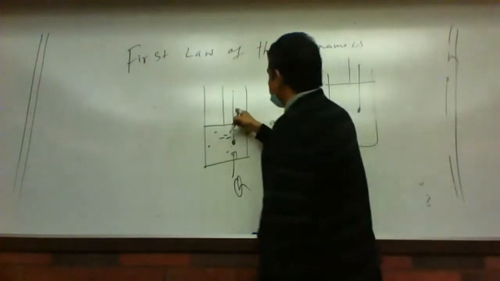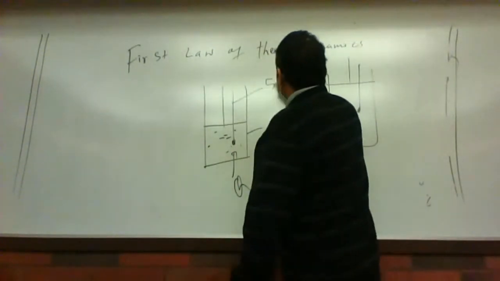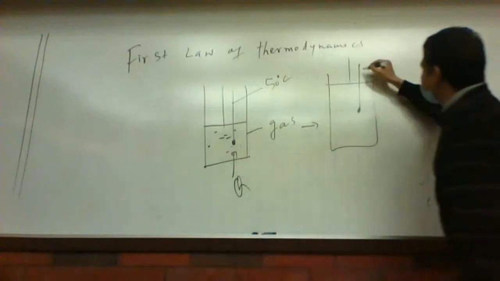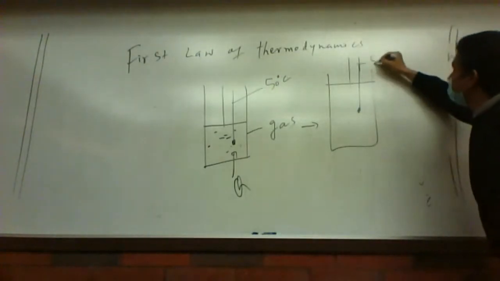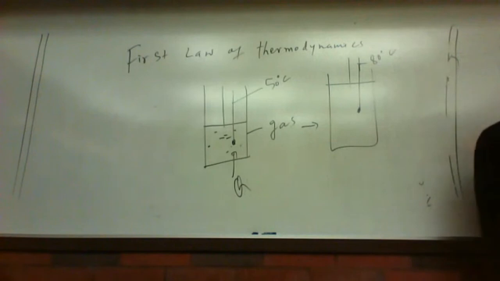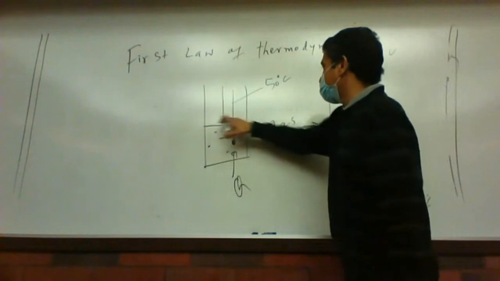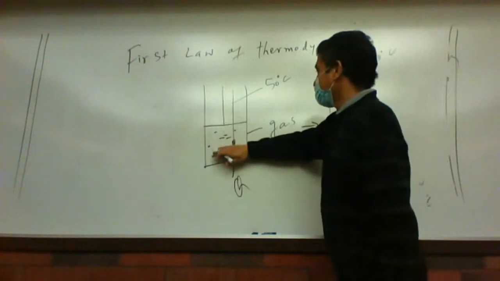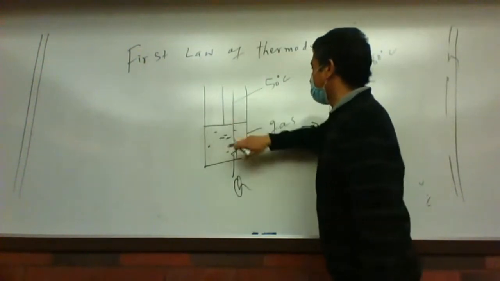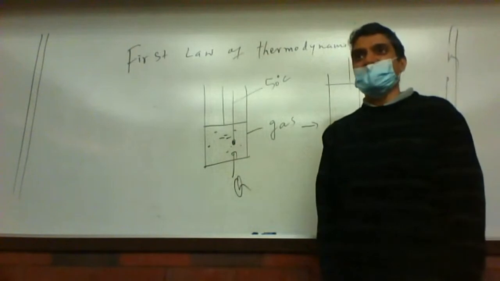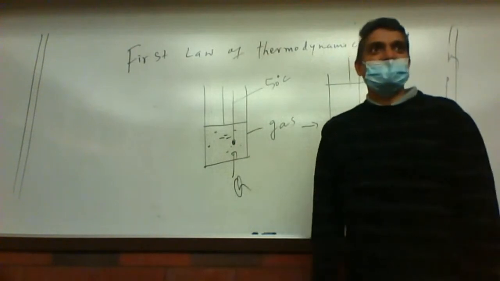Let's say at the beginning, this thermometer was showing 50 degrees centigrade, and after a while, the thermometer may show you 80 degrees centigrade, because I am heating, right? So I put some gas here, and there is a movable piston. When I heat it, the gas is pushing this piston up, and the temperature of the gas is also increasing, right? So two things are happening here.